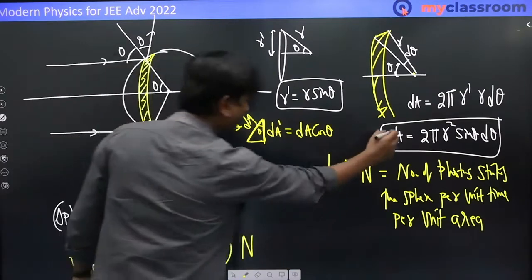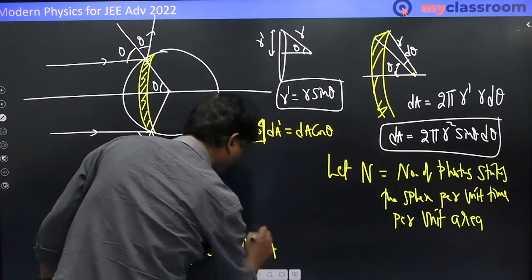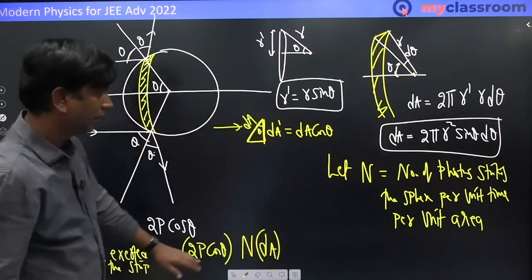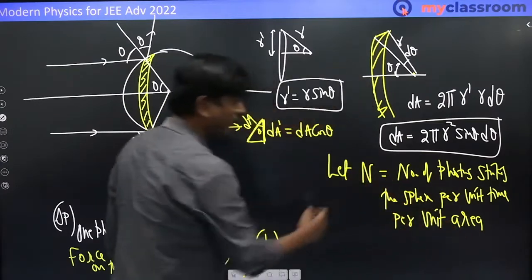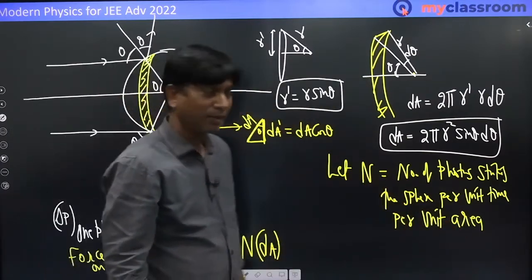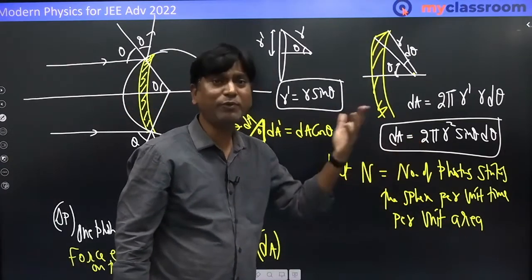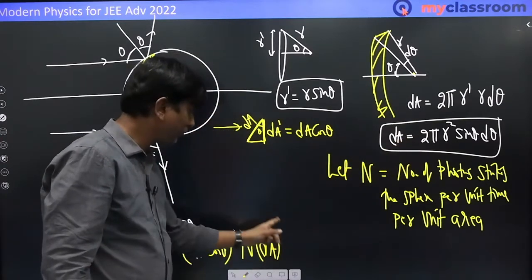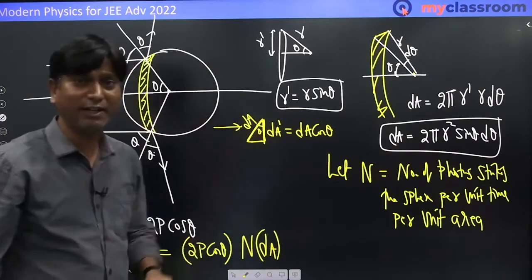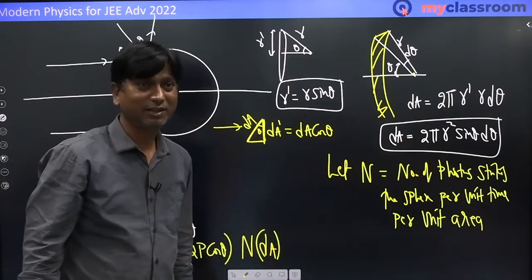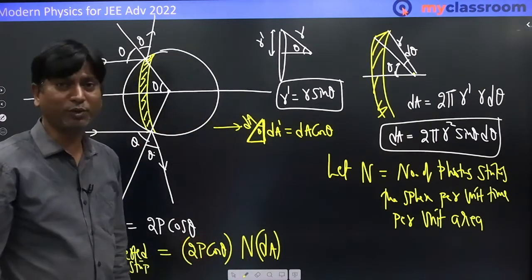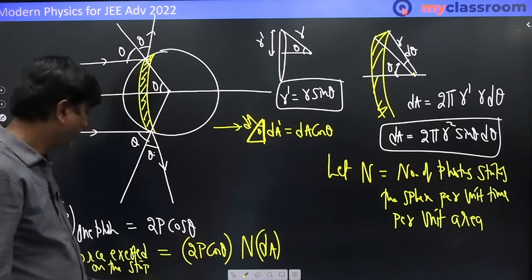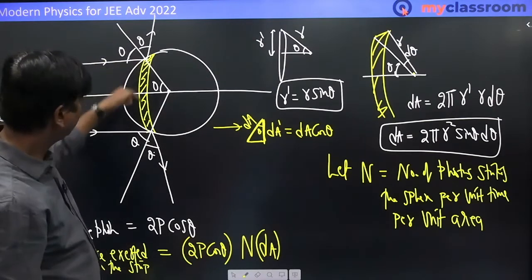What is the area of the strip? dA. See, per unit area it is n. Then for the total area dA, how many photons are striking means n into dA. So these are the total number of photons striking that area dA per second, into the change in momentum of each photon, gives you the force exerted on this particular strip.